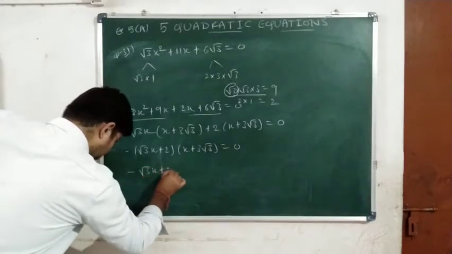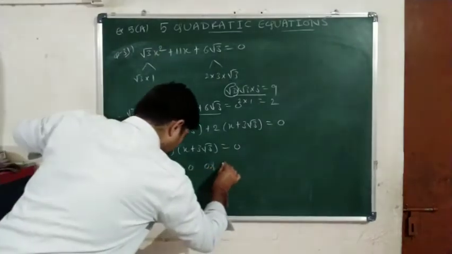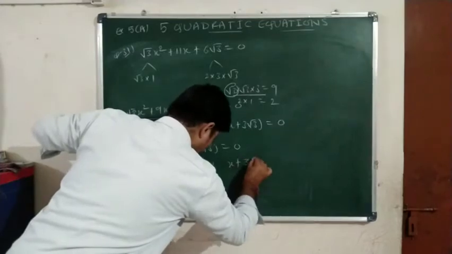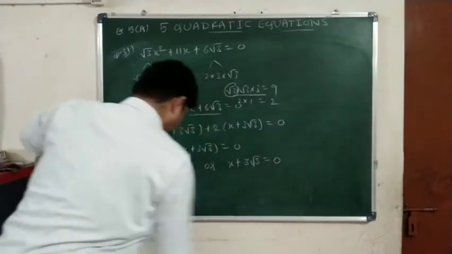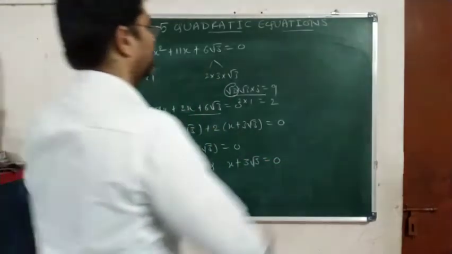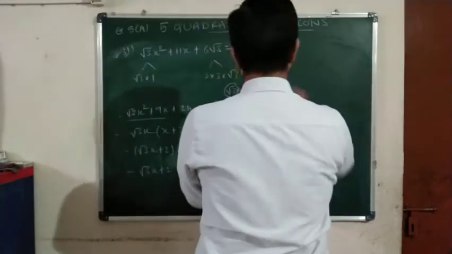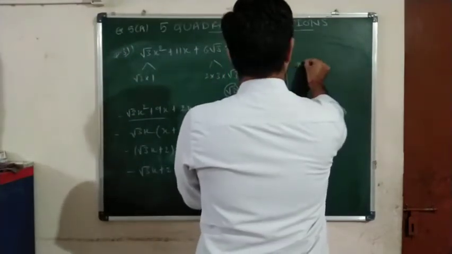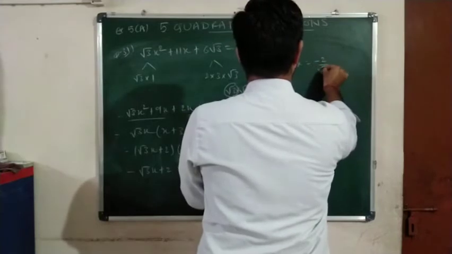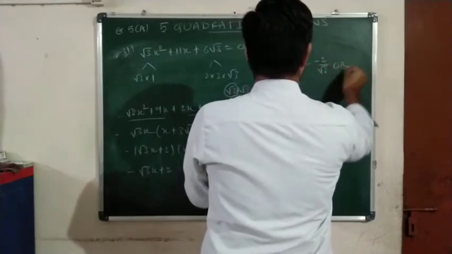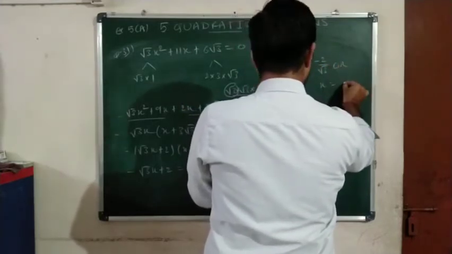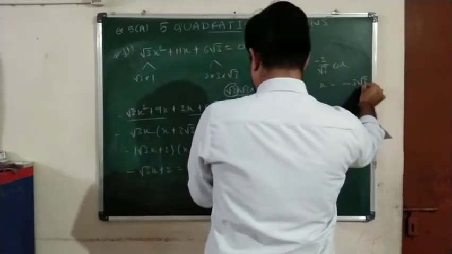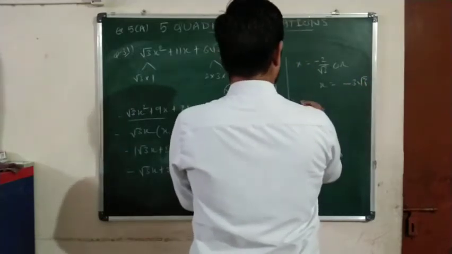Therefore root 3x plus 2 is equal to 0, or x plus 3 root 3 is equal to 0. Therefore x is equal to minus 2 upon root 3, or x is equal to minus 3 root 3.